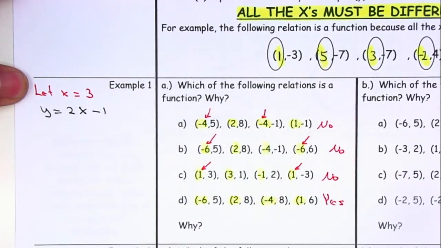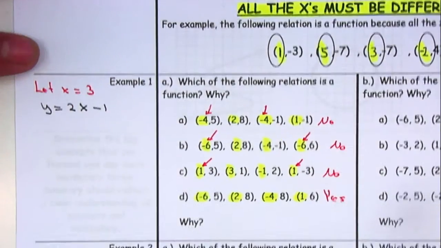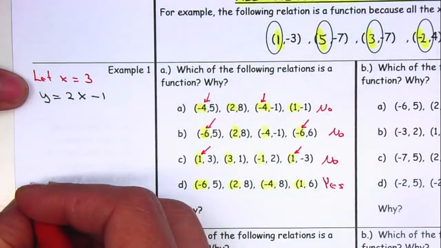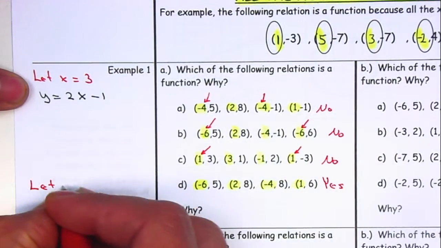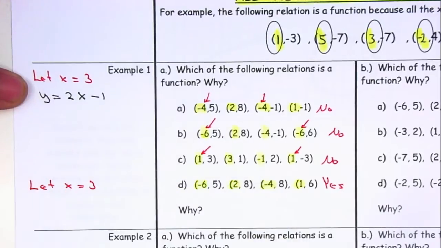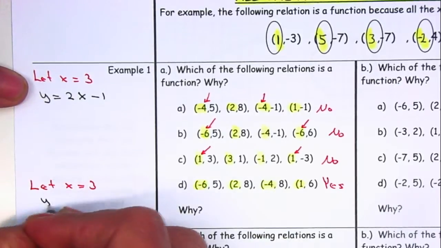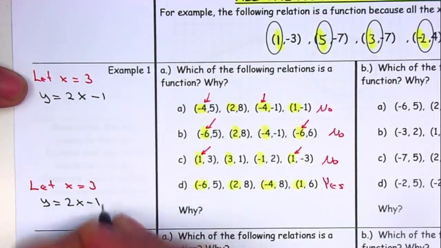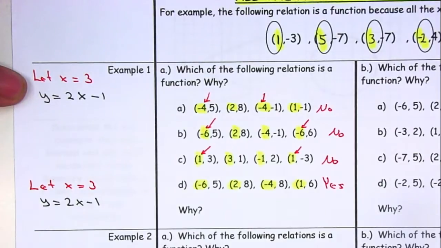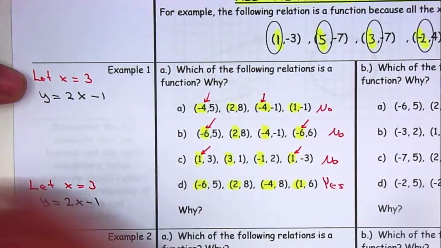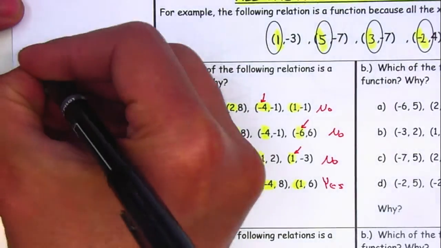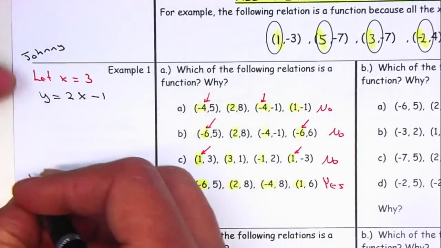So Johnny is working this one out. Then Maria is also working out the same problem on the board. So Johnny and Maria.